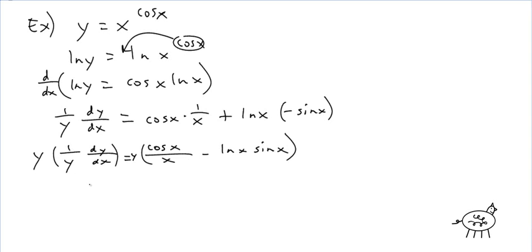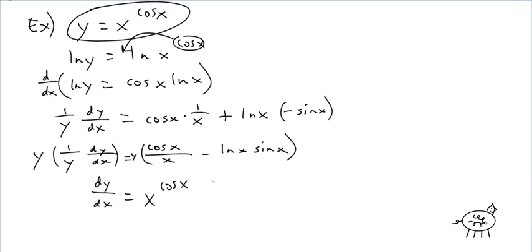So I get dy dx equals, and as we did before, y equals x to the cosine of x. So let's substitute that in there. So we get x raised to the cosine of x times cosine of x over x minus ln of x sine of x. Okay, and that is our answer.